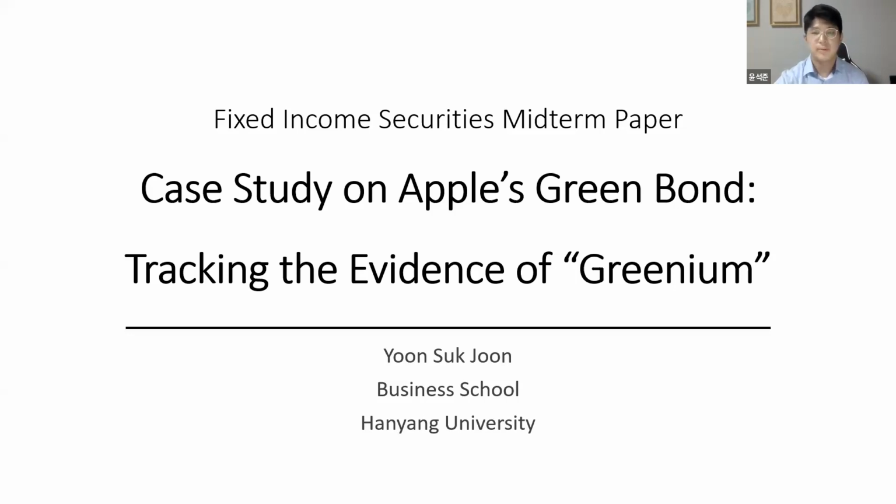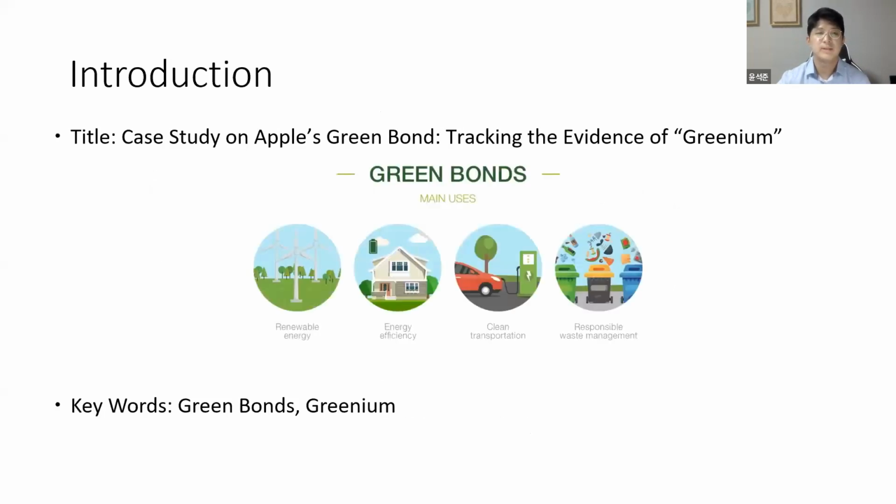My midterm paper title is The Case Study on Apple's Green Bond, Tracking the Evidence of Greenmium. As you can see in my title, the main keywords of my paper are green bonds and the term greenmium. To give a brief explanation, a green bond is a type of fixed income debt instrument whose proceeds are dedicated to an environmentally beneficial project.